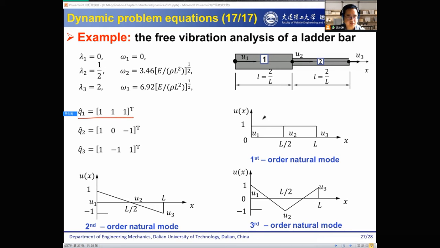In the first case, the whole structure moves to this position. This is the first mode. The second mode is they move like this. This is 1, the other one is -1. This is the second mode. The third mode is like a triangle, like this. These are the three natural modes of the structure.